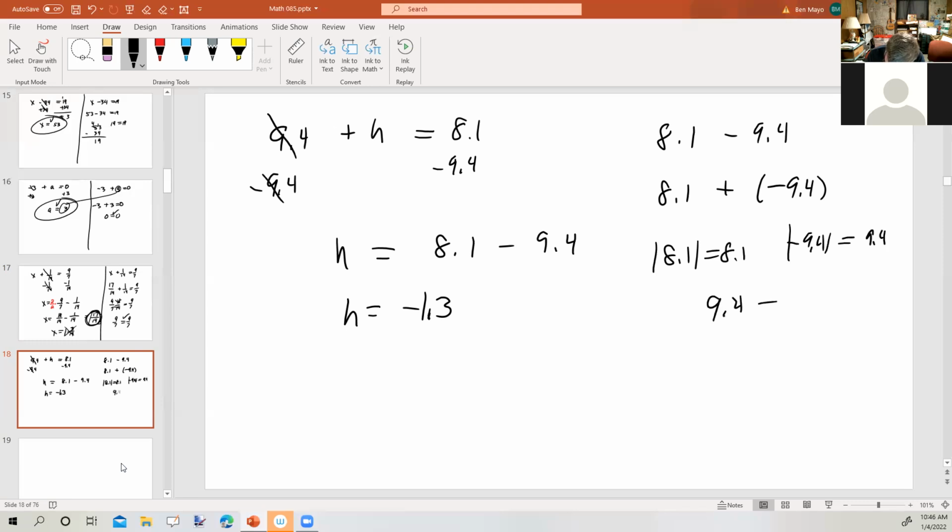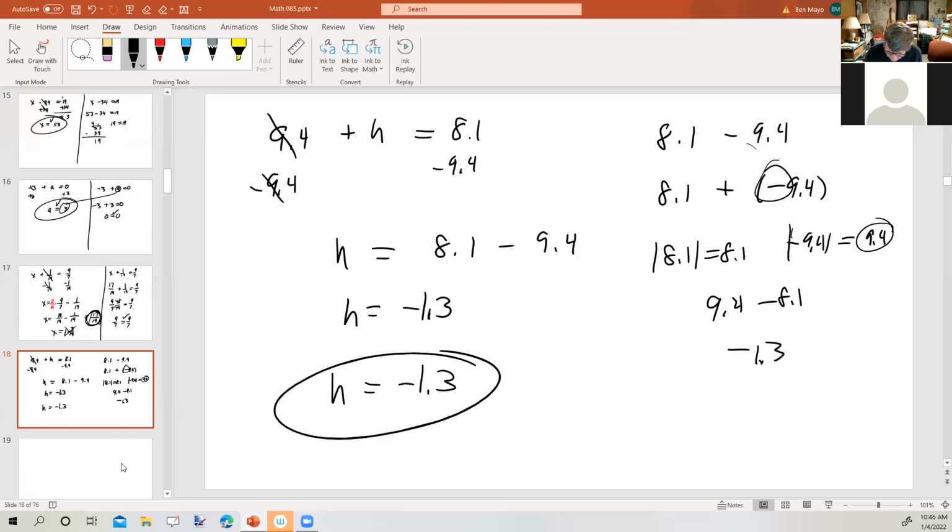So we subtract the smaller absolute value from the larger. We'd get 1.3, but then we attach the sign of the number with the largest absolute value, which was negative. I know that's a tedious, lengthy process, but either way, you should get h equals negative 1.3. Any questions on that?